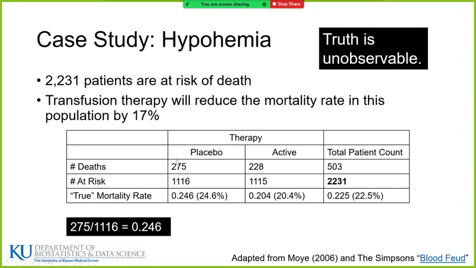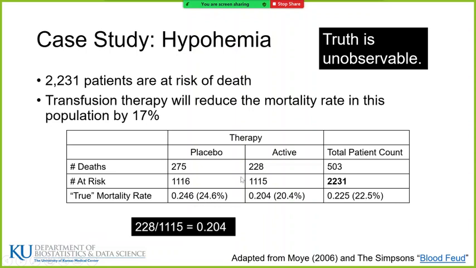That gives you the percentage or proportion of placebo patients that died, about 24.6%. Same thing for active, 228 divided by 1,115, that's about 20.4%. So just looking at this, we ended up with a 24.6% mortality rate and a 20.4% mortality rate in the active. So slightly higher by about 4% in the placebo compared to the active group.